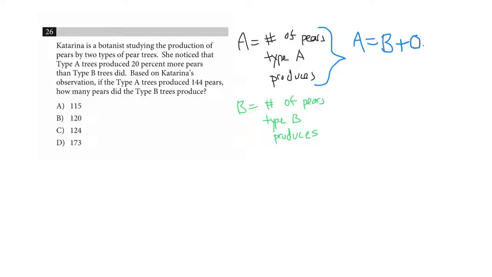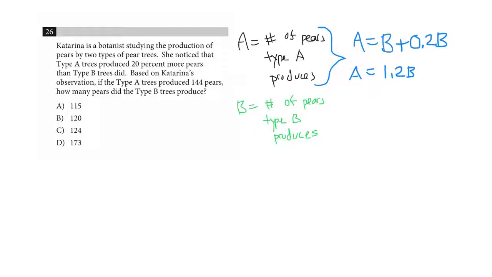So that's 0.2 times B. So the amount of pears that type A trees produce equals the amount of pears that type B trees produce plus 20% of the amount of pears that type B trees produce. And when you simplify that, that becomes 1.2b. So that is a fact.